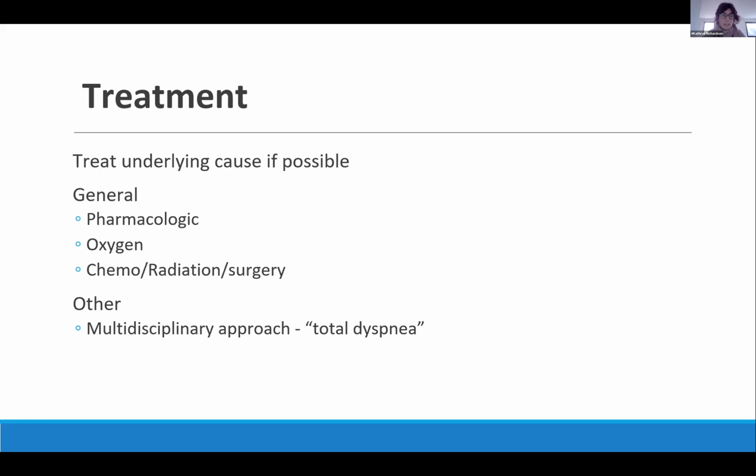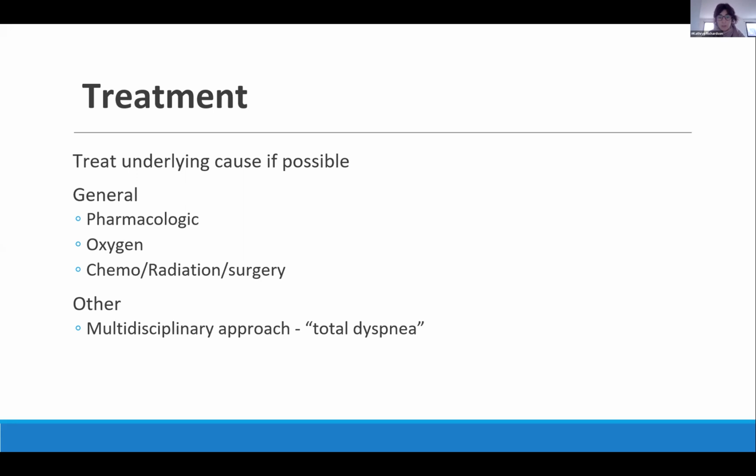But in general, there are pharmacological ways to manage breathlessness. You may use oxygen, although that may be helpful in a facility, but often there's no access to oxygen outside of the facility. For patients with tumours, they may have access to oncology treatment. And remember this multidisciplinary or holistic approach.